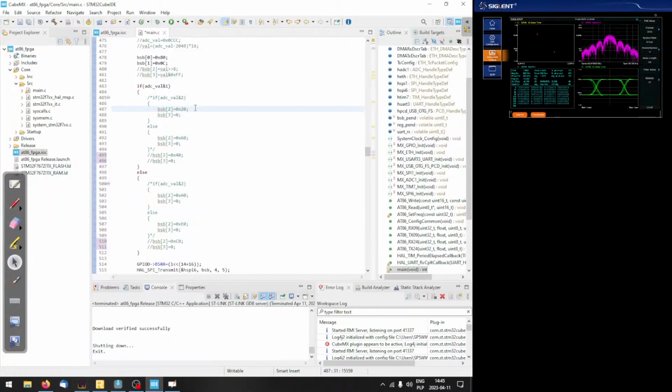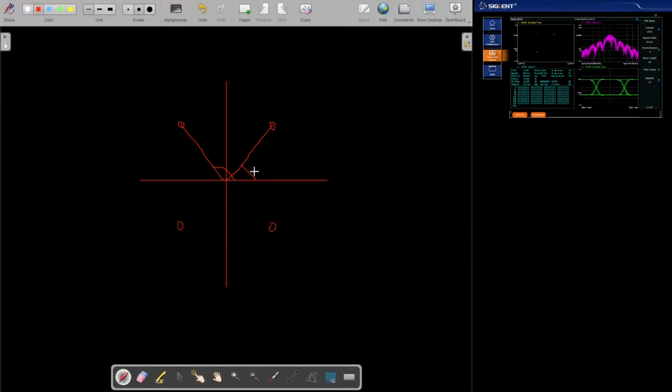Oh, I actually have those values already punched in. I just need to uncomment those. Yeah, so that's for positive 45 degrees. And if we just multiply that value by 3, because we've got 45 here, 45 degrees here, and 45 here, this phase word times 3 is going to give us this one.